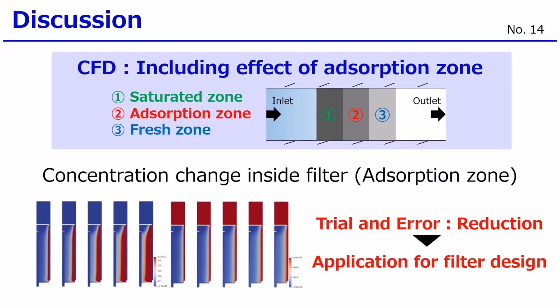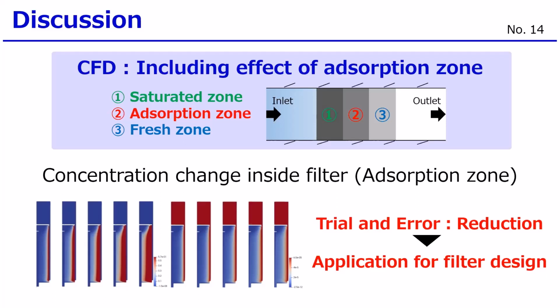In the fresh zone, adsorption has not yet started. Here, the experimental methodology can measure the concentration only at the inlet and outlet. However, the CFD can capture the adsorption zone effect as shown in these figures.